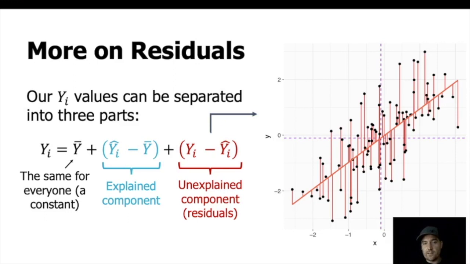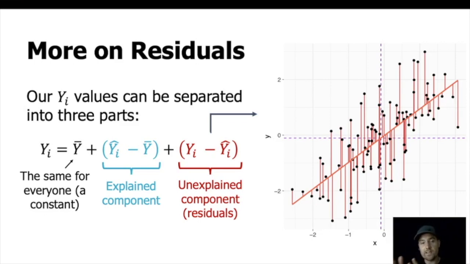That means what is left over in these residuals is technically other things that are influencing Y. So it could be age, it could be sex, it could be experience, it could be education. All of these things are also influencing Y, and all we have here is X explaining Y. So there's still more, and that's why there's some left over, this unexplained component, because our model doesn't explain it yet.